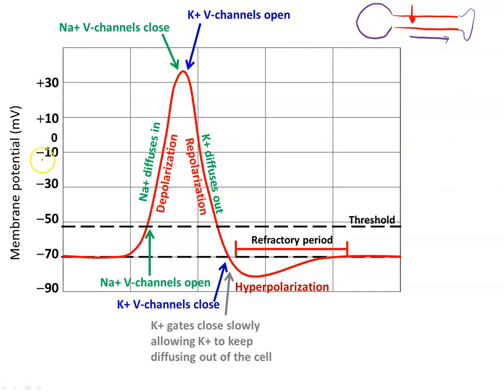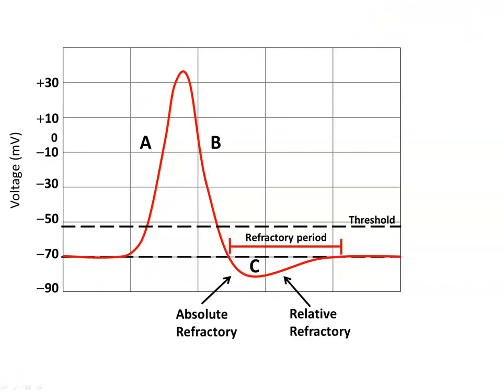And let's talk about specifically what's going on during the refractory period. All right, let's talk refractory period, right? And so here, remember, the refractory period is defined by the amount of time it takes for an excitable membrane to be ready for the second stimulus. Okay, so let's write that down.